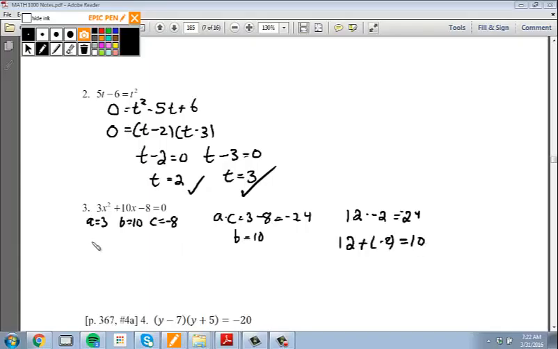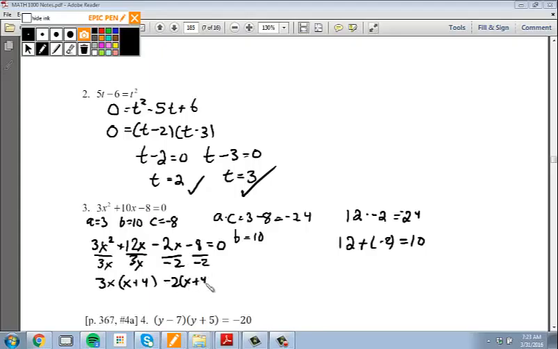So I'm going to rewrite this as 3x squared plus 12x minus 2x minus 8 is equal to 0. Then factor out the GCF of 3x. So I have 3x times x plus 4 and a GCF of minus 2, so minus 2 times x plus 4. Then I factor out the GCF of x plus 4. So I have x plus 4, 3x minus 2 equals 0.